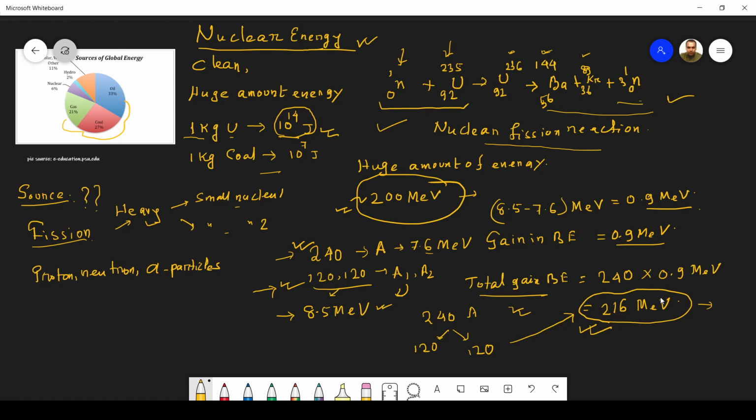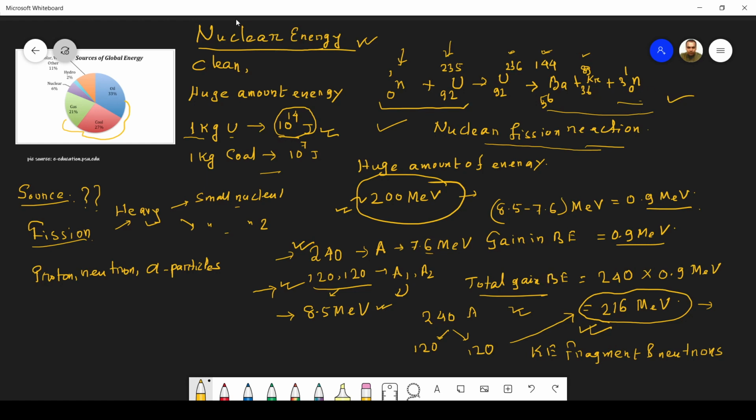Now the question is, what happens to this energy after a nuclear fission reaction has happened? This much energy is actually the kinetic energy of the fragments and the neutrons. So fragments means this barium, krypton, and the neutrons.